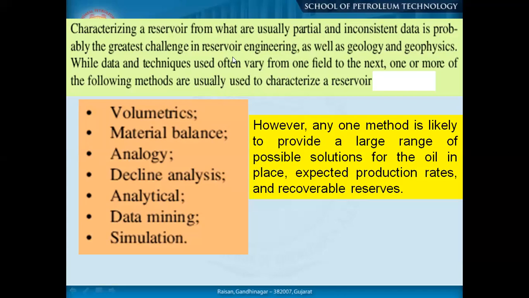So that's why data inconsistency is very challenging when we are trying to understand a reservoir mechanism. You may have less geological data, and less geophysical data also. So combining all of it, we try to understand our reservoir in terms of structure, geology, flow behavior, connectivity, and drive mechanism.